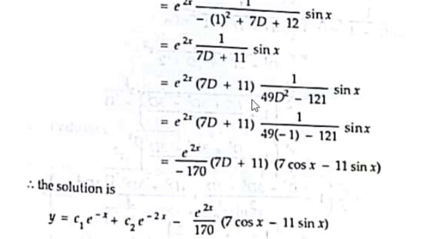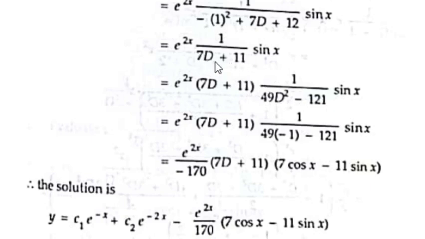Now we multiply and divide by 7d minus 11, which gives e raised to 2x, (7d minus 11) divided by (49d squared minus 121) sin x. Divide and multiply by 7d minus 11; it should be minus, by mistake it was given as plus.